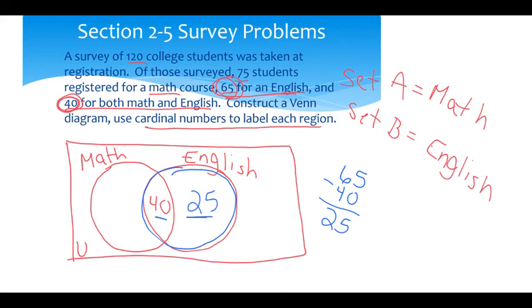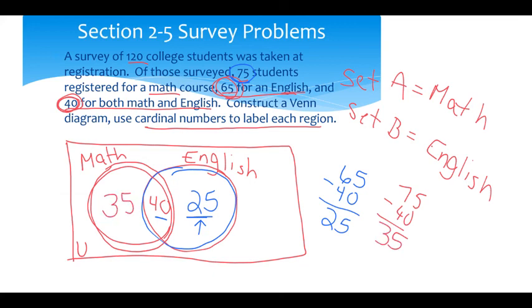And those 25 students right here, they only took English. All right, and then we got to go back to my math students where I have a total of 75. So again, this whole circle needs to equal 75. So I'm going to do 75 minus the 40 that I already have. We're going to end up with 35.